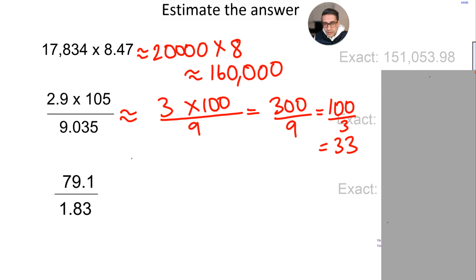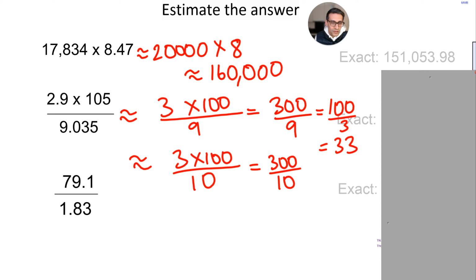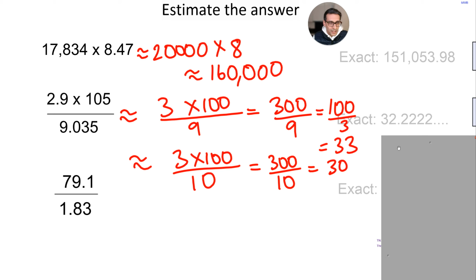Another way we may have decided to do this is 3 times 100 divided by 10. And that would just give you 300 over 10, which is 30. So again, it's not very far off. 30 and 33, not far off. Both of those would have been fine. The exact answer is 32.2.